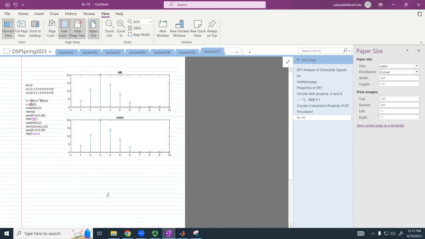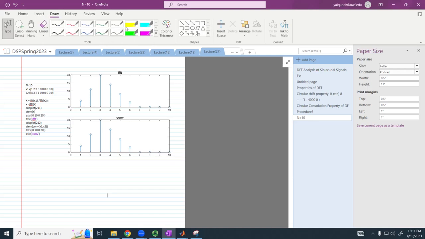So this is using the inverse FFT, which we said is the same as DFT in MATLAB. And this is using the convolution of the two sequences.